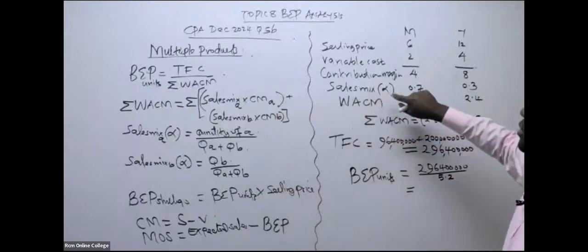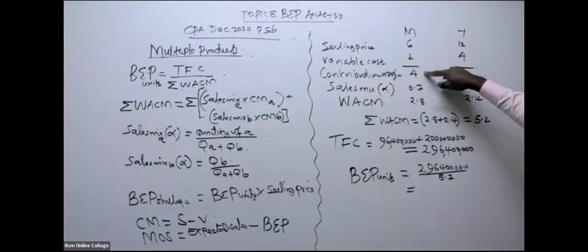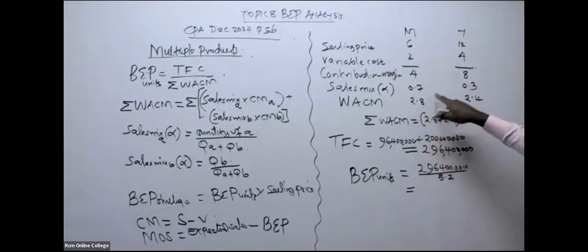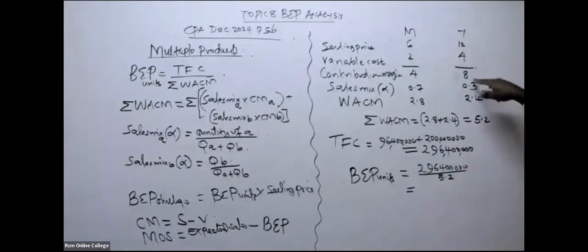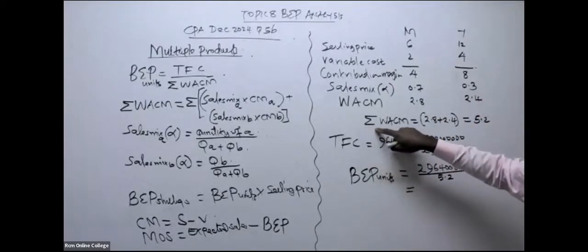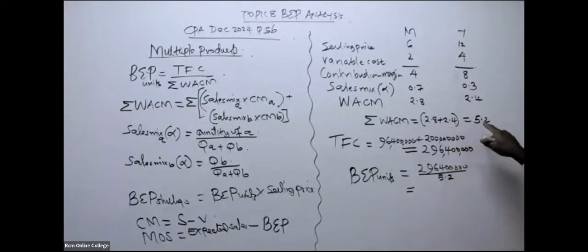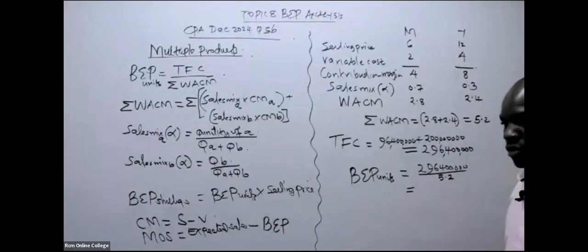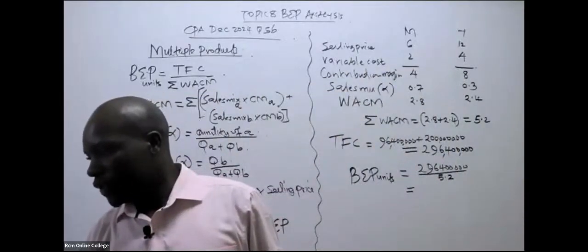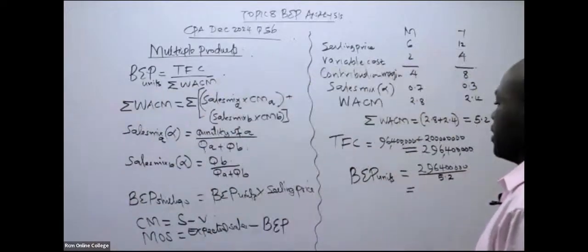Sales mix ratio is 0.7 and its contribution margin is 4, so 4 by 0.7 gives us 2.8. 0.3 by 8 gives us 2.4. When I add the two, I'm bringing in the element of summation: 2.8 plus 2.4, giving us 5.2. That's how we got the figures. Is it clear, Evelyn?